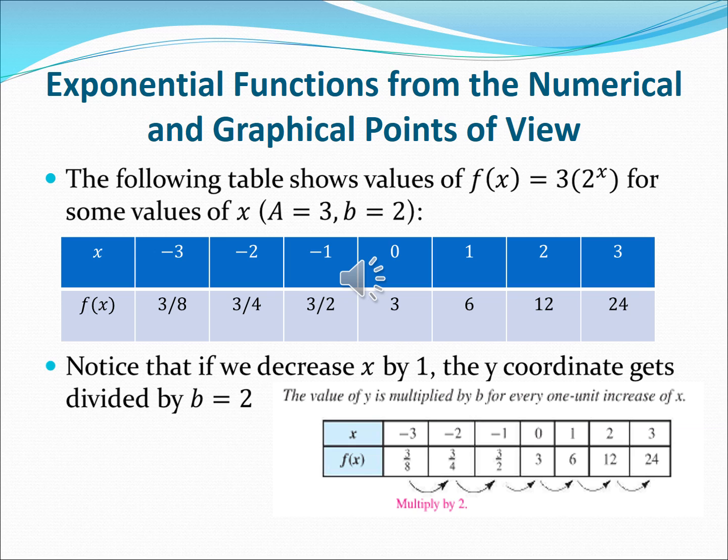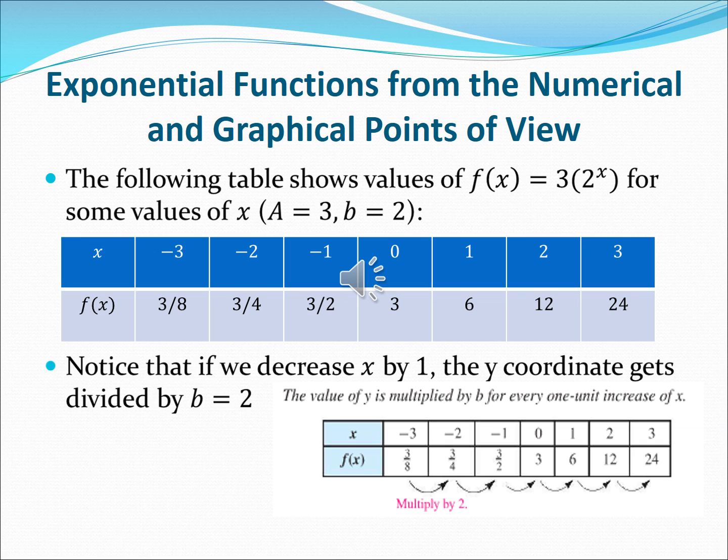Exponential functions from the numerical and graphical points of view. The following table shows values of f(x) = 3 times 2 raised to the power of x for some values of x.